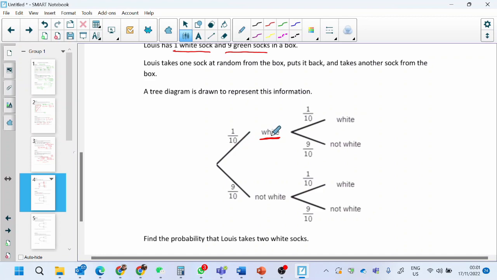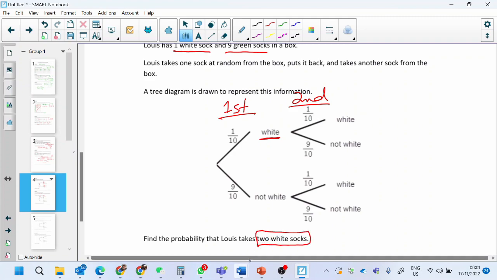If he gets a white sock, he puts it back, and then in the second try, he again gets 1 out of 10.